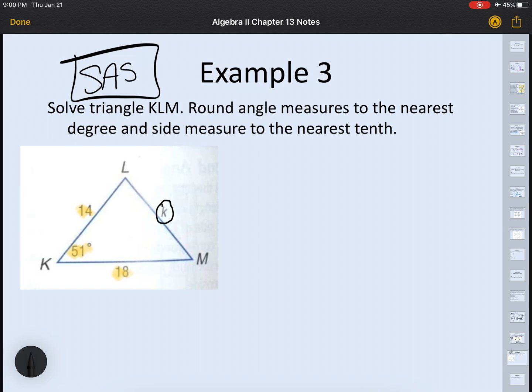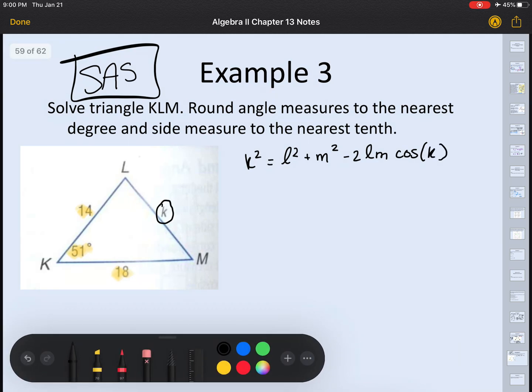So I'm going to use k squared, and it's going to equal, let's say, l squared plus m squared minus 2lm cosine of big K, which is actually 51 degrees that we'll plug in here.